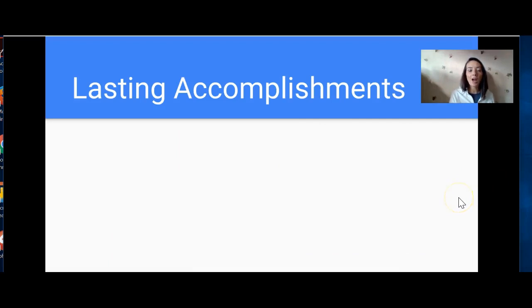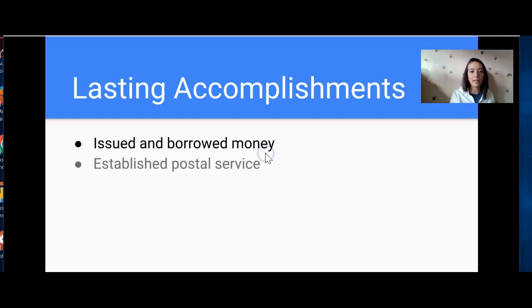Okay, lasting accomplishments. What came out of the Continental Congress? Well, first of all, the Continental Congress issued, so they gave out, and they also borrowed money. This is kind of a big deal. This is what governments do, and this is one of the first acts of the American government. They issued and borrowed money.